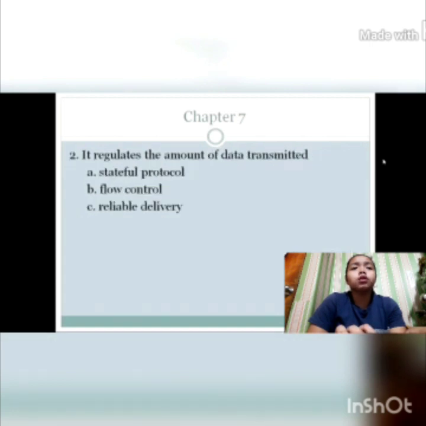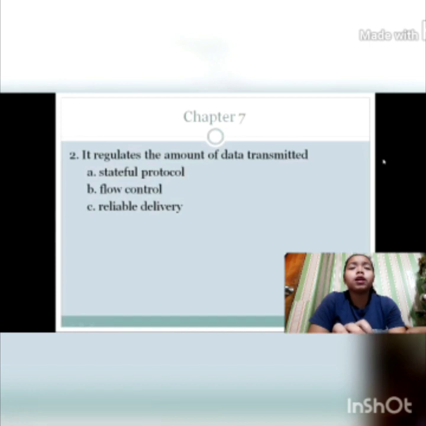So the best answer is letter A, UDP, because the TCP provides reliable delivery, ensuring that all of the data arrives at the destination.